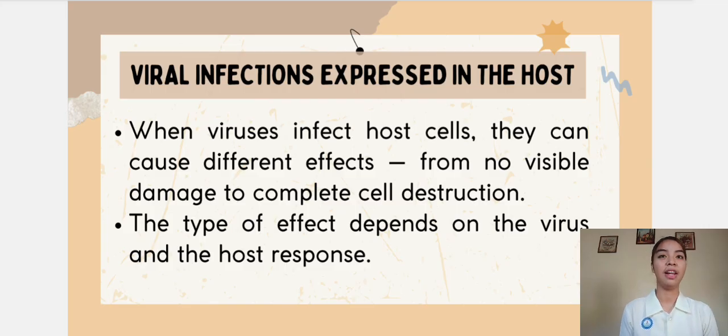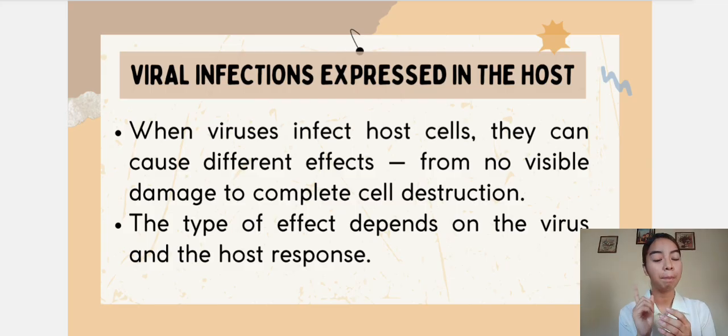Next is the viral infection expressed in the host cell. When a virus infects a host cell, it can cause different effects, from no visible damage to complete cell destruction. The effect depends on the virus and the host response. A good example of this is varicella zoster virus, which causes chickenpox.